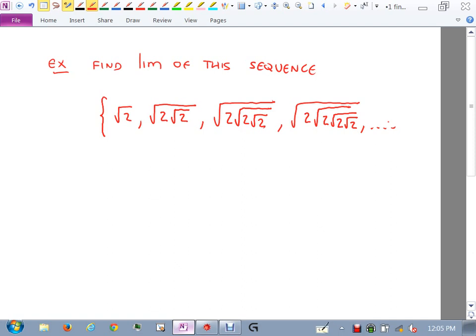You get the idea? Every time you go in, there's another square root of 2 next to the 2, and then you just keep doing that. I want to know if this converges or diverges. Or actually, I don't want to know that. It does converge. I want you to tell me what it converges to.